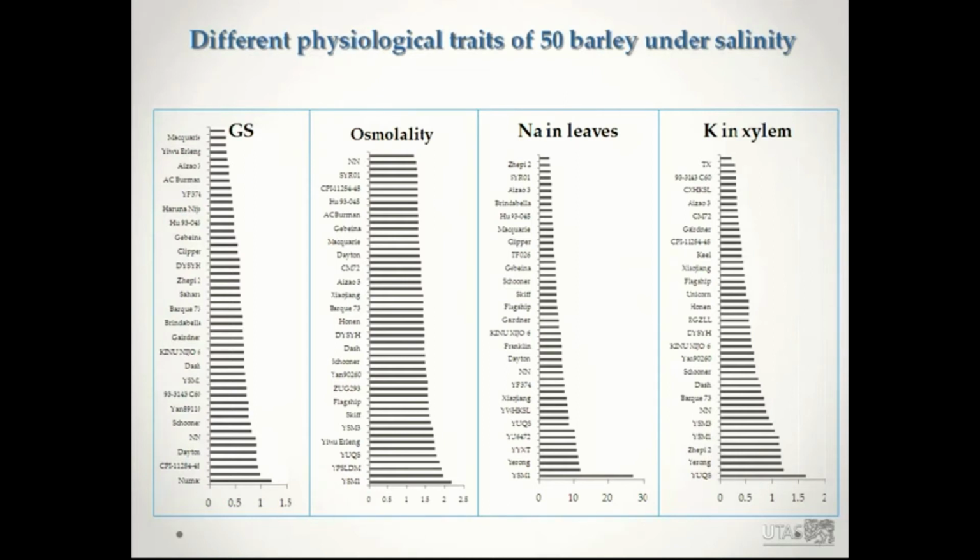So we can see that a significant difference exists among the 50 barleys, like in the stomatal conductance, osmolality, sodium content in leaves, and the potassium content in xylem.